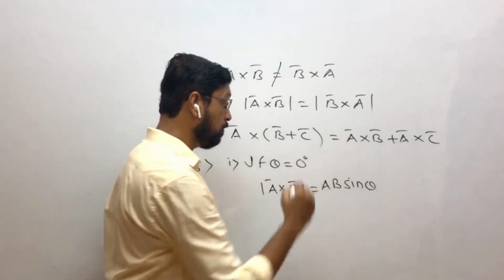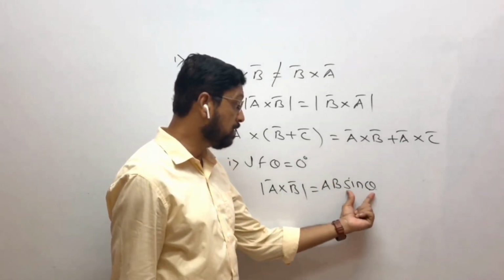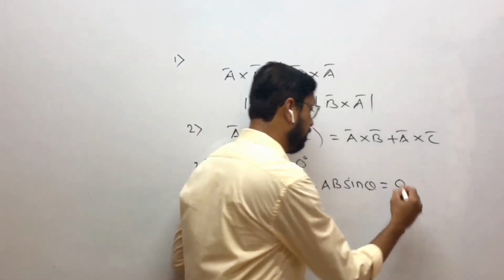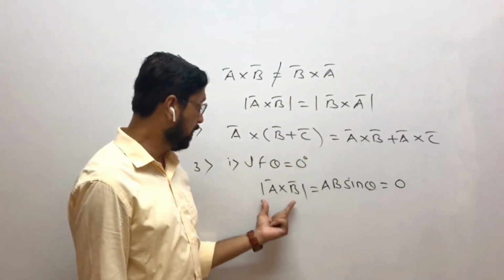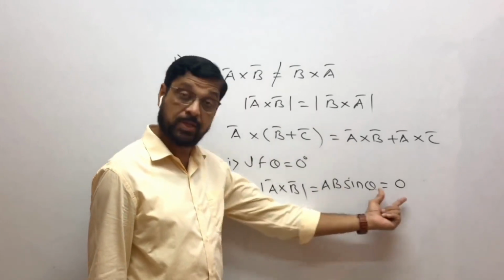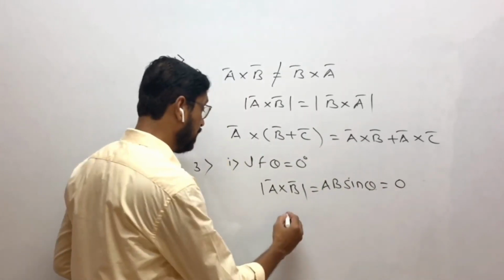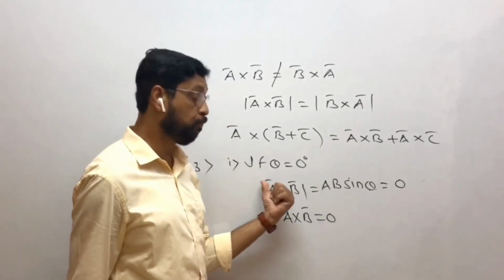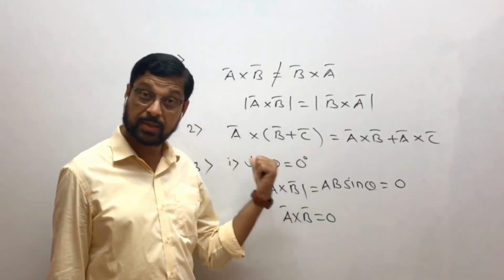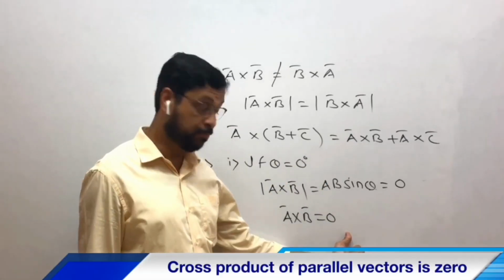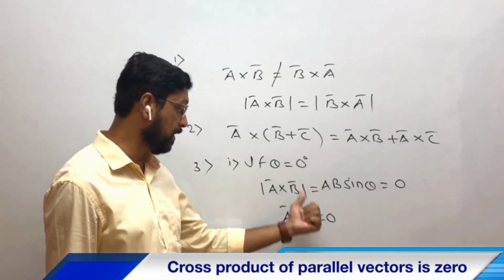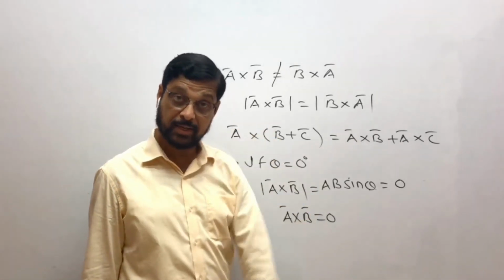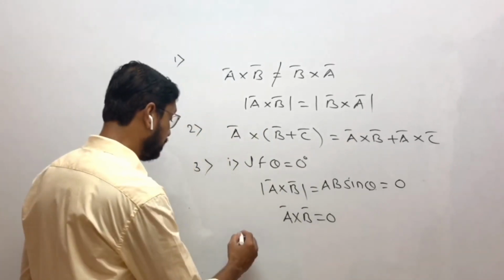Here theta is equal to 0. So sine 0 will be 0. Means everything will become 0. Means mod of A cross B is 0. Means A cross B is 0. So the first point in the third characteristic says that if two vectors are parallel to each other, then their cross product is 0.